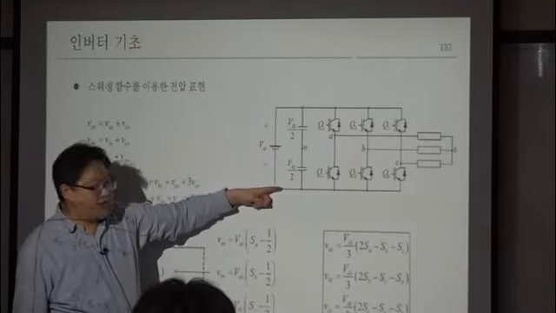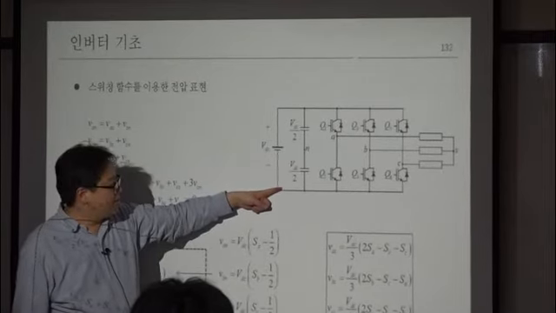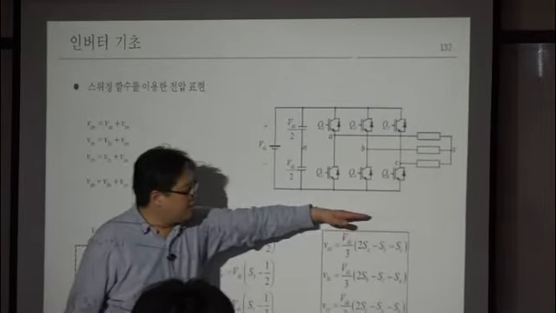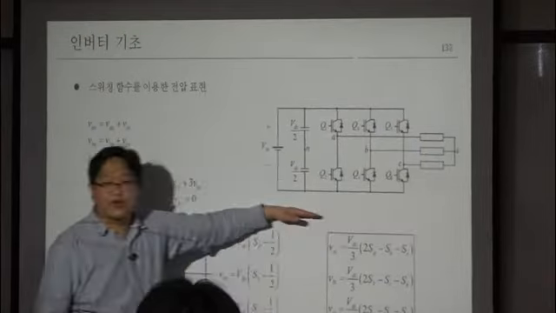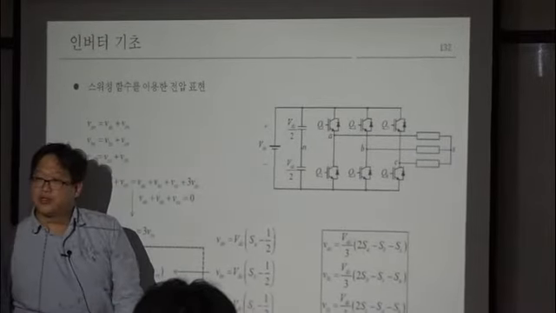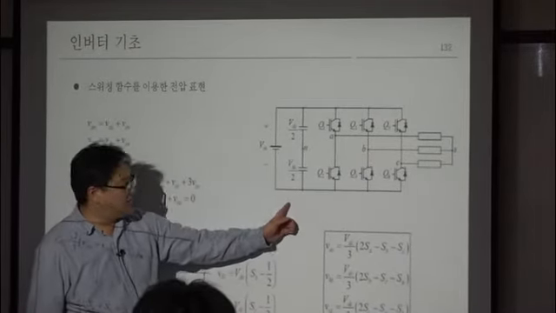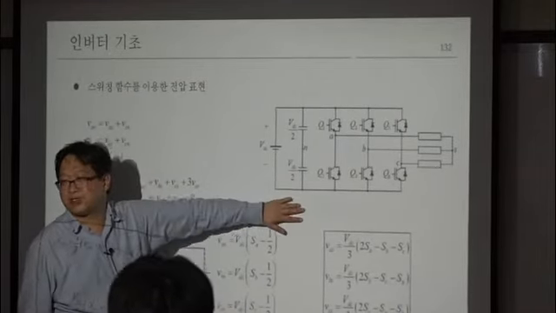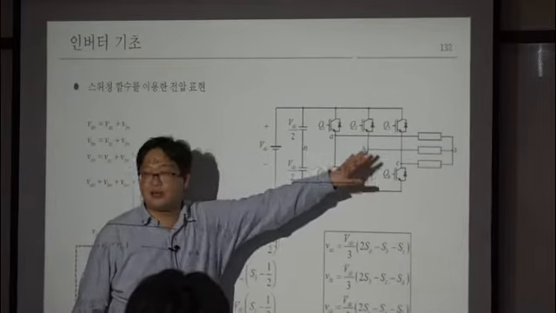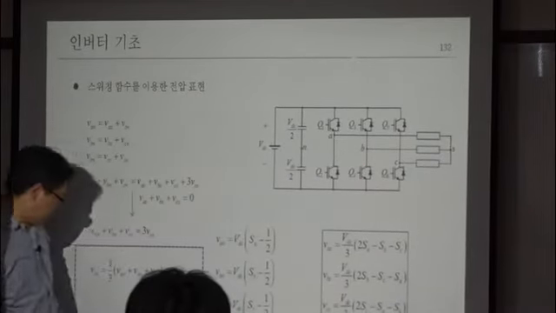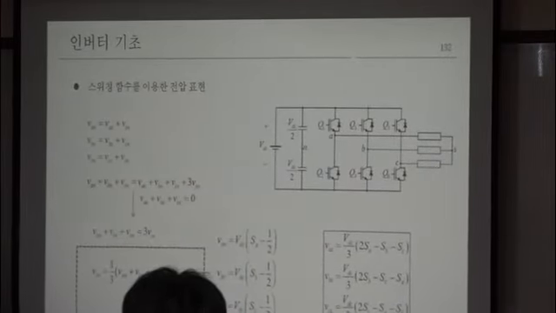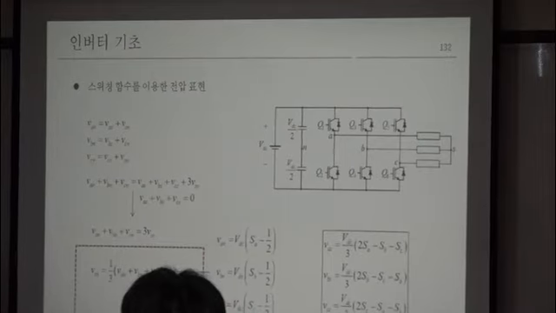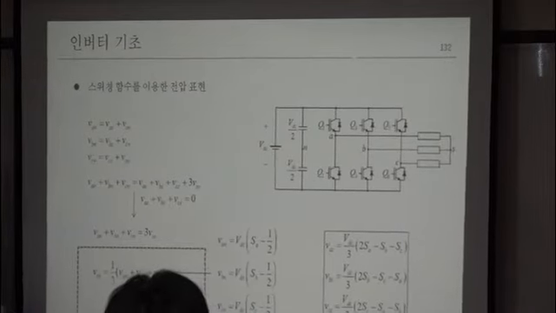Your ground can be here, but you may have the real ground. Then there is leakage capacitance, the parasitic capacitance. And through the parasitic capacitance, you see the leakage current, and this can be the voltage source of the leakage current. Do you understand?